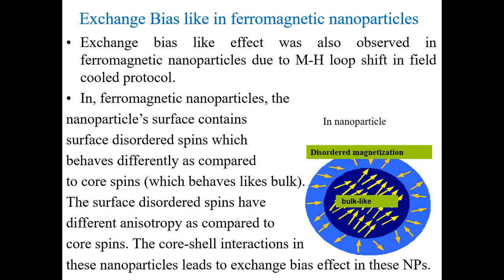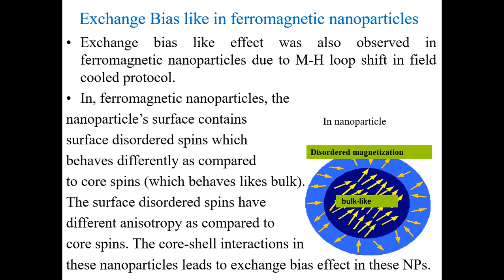To observe this, we usually take the MH loop in the field cool protocol, which means that we cool the sample above TN and TB in some field and go below TN and TB, and then take an MH loop to observe the exchange bias like effect in the nanoparticles.